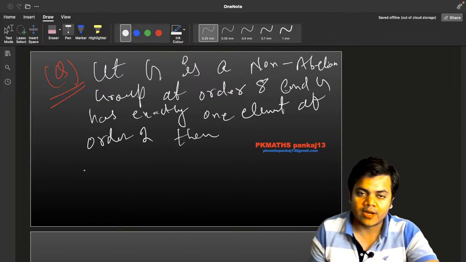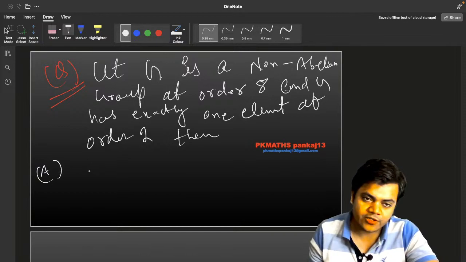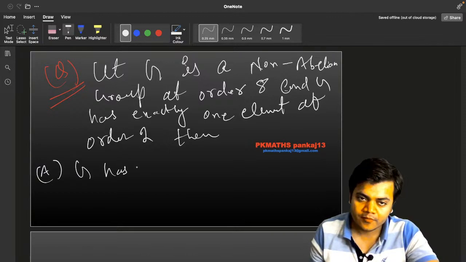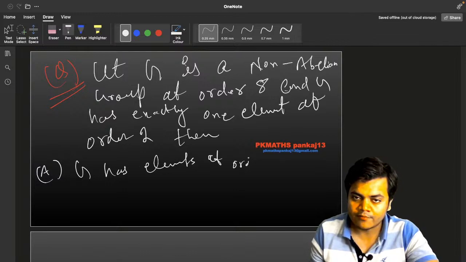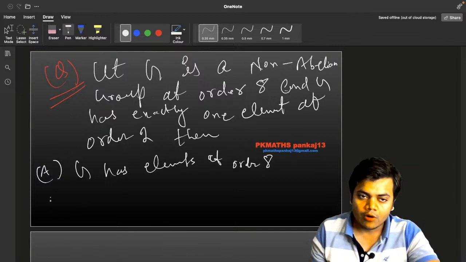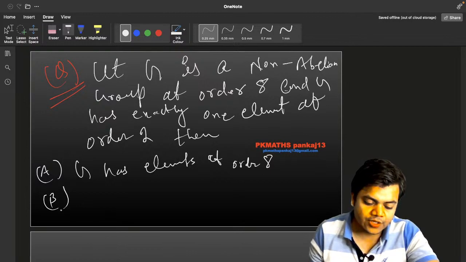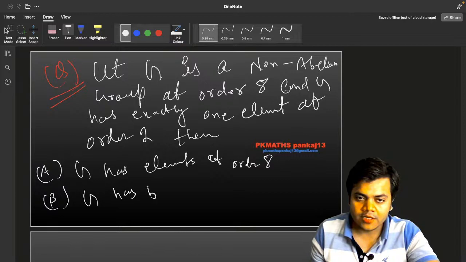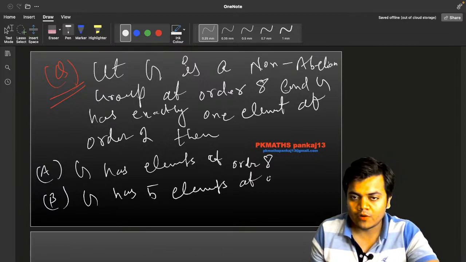Then what would you like to say? Option A is: G has elements of order 8. Option B is: G has 5 elements of order 4.